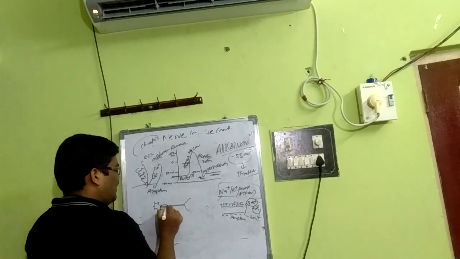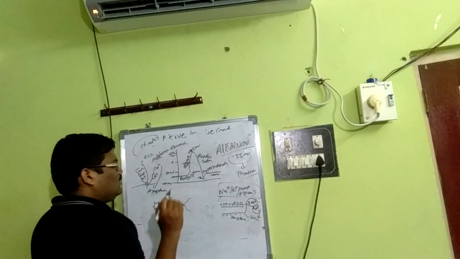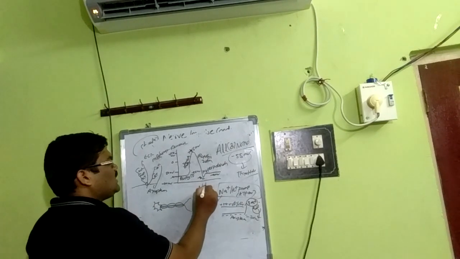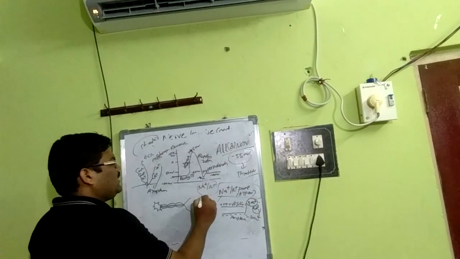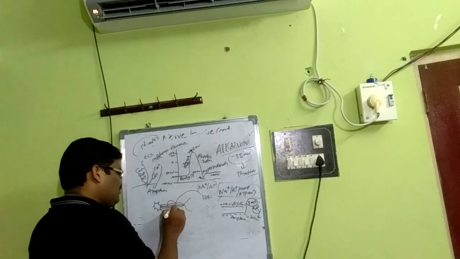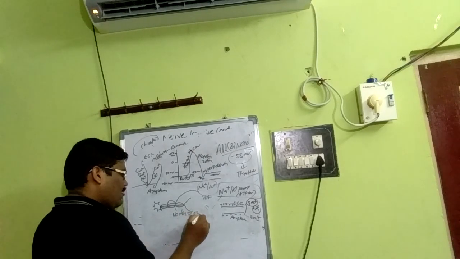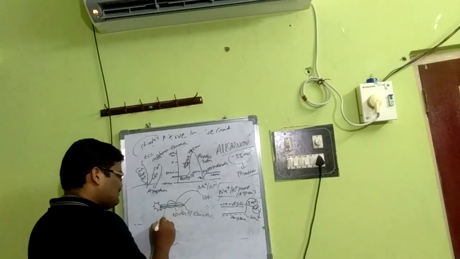Okay, and this is the myelinated sheath. The sodium and potassium voltage gated channels concentrate in the nodes of Ranvier, and this is the myelin sheath.